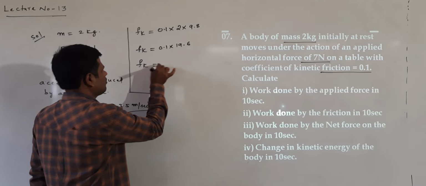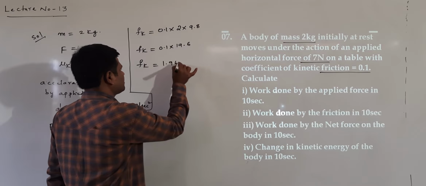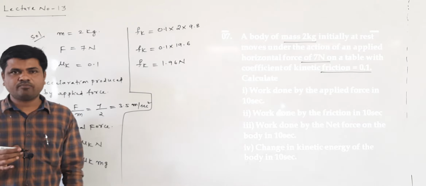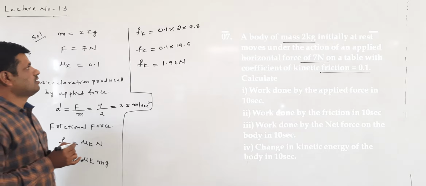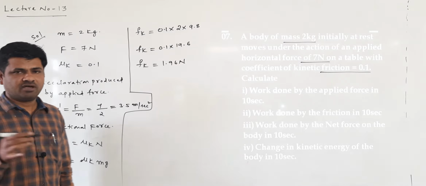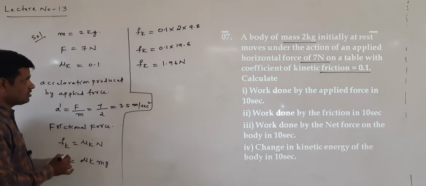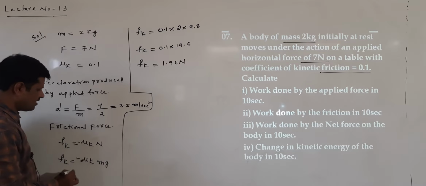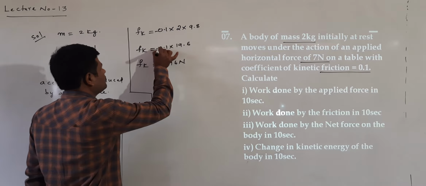So Fk is 0.1 into 19.6, which is equal to 1.96 Newtons. But I take this frictional force as minus because it is acting opposite to the applied force. Why consider the minus? It is always acting opposite to the applied force.